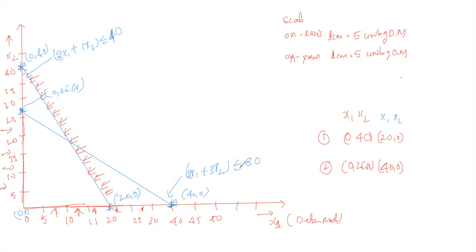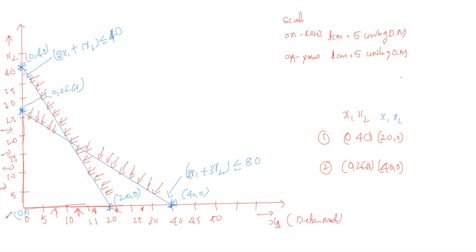So the solution to this second linear constraint will be on this line or in the area below it. So this is the equation, this is 40, 0 and this is 0, 26.66.